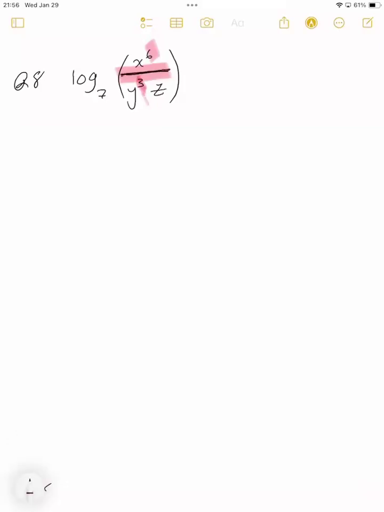So we have a division to get rid of, a multiplication to get rid of, and exponents to get rid of. So let's get rid of the division first. That's the first thing we do. We get rid of the division. So you have the numerator first, you put a minus sign, then you write another log for the denominator.